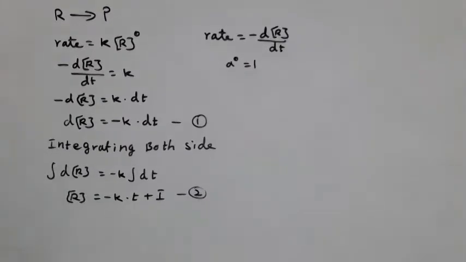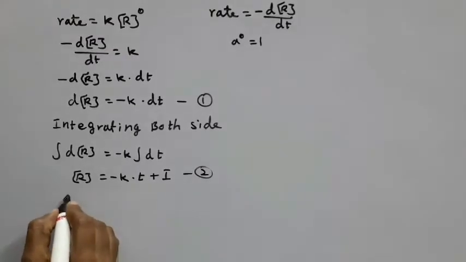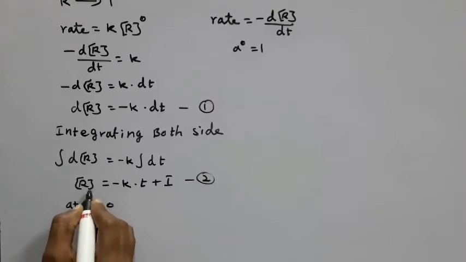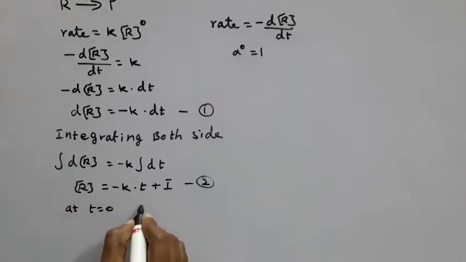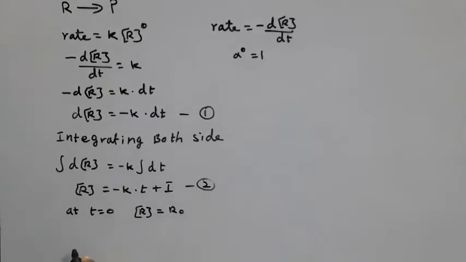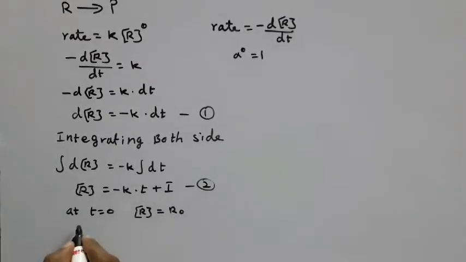So I is the integration constant. At temperature T, at time 0, the concentration of reactant is R0.